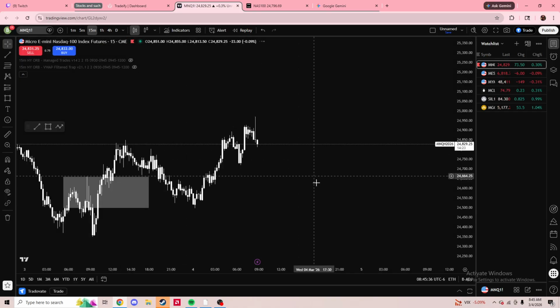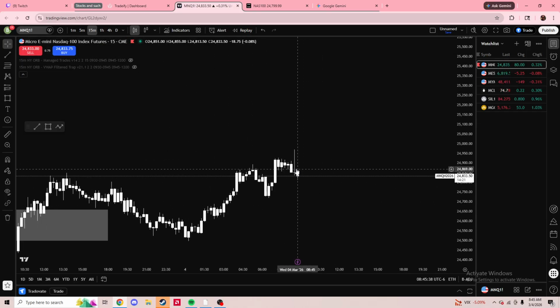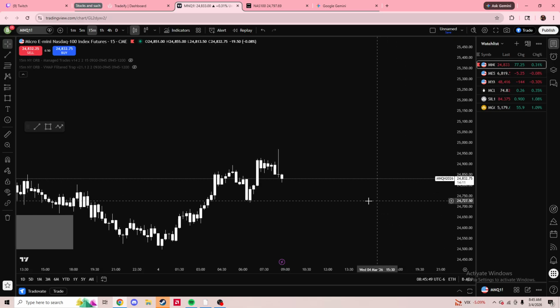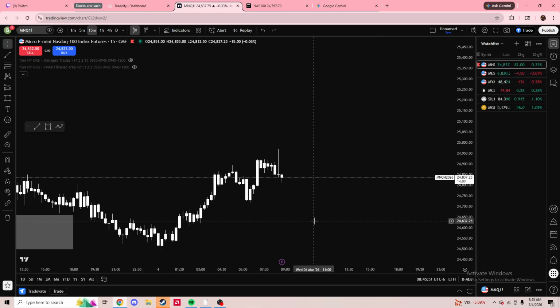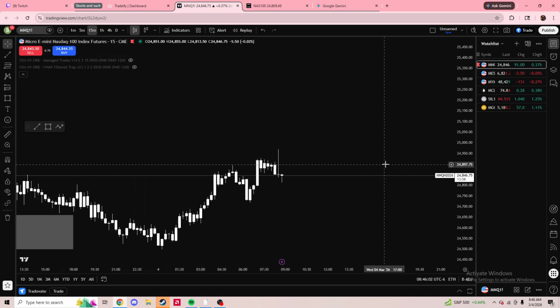Okay, so here's the 15-minute candle right here. As you see, price is below the zone as of right now, which I will mark out for you guys in a couple seconds. But I just want to show you what it looks like. Actually, I forgot to mention, I personally like to trade MNQ futures, which is the micros.